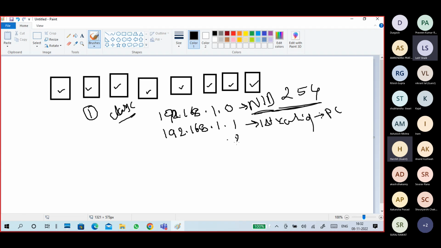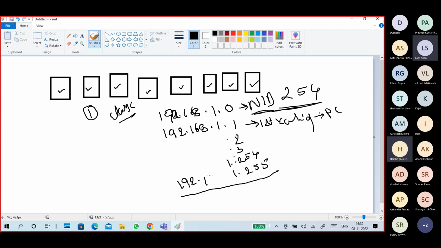Then it goes to 1.2, 1.3, 1.4, and finally it reaches 1.254. 192.168.1.250. Next, 1.255. That is completed.